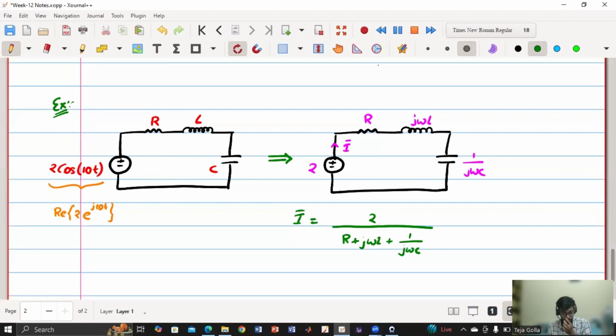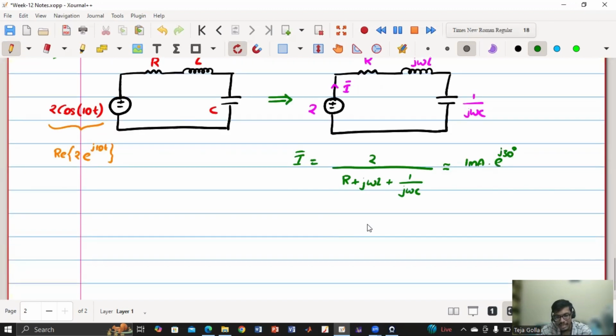If resistor, inductor and capacitance are given, you can calculate this value. Say for example, we get something like 1 milliampere into e to the power j 30 degrees. I have calculated in terms of phasor.